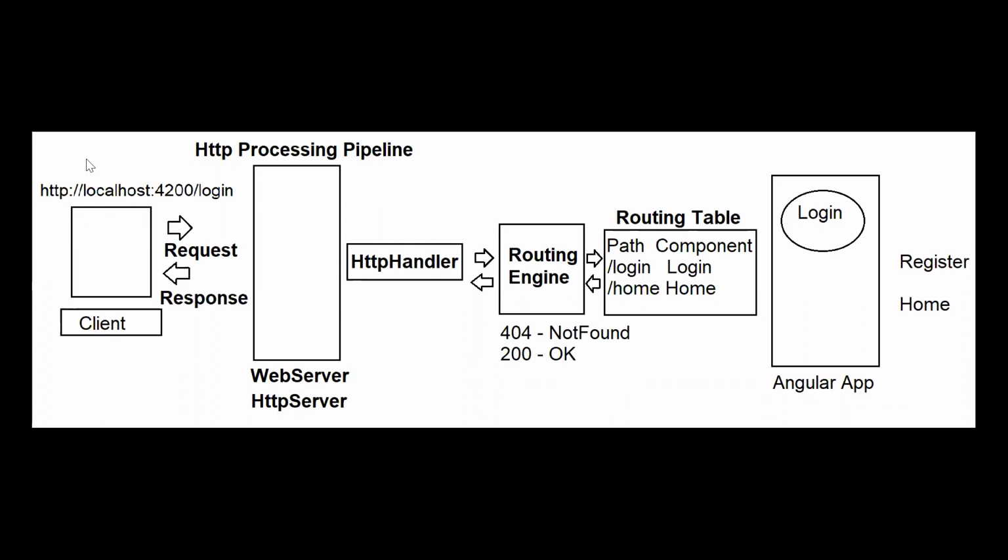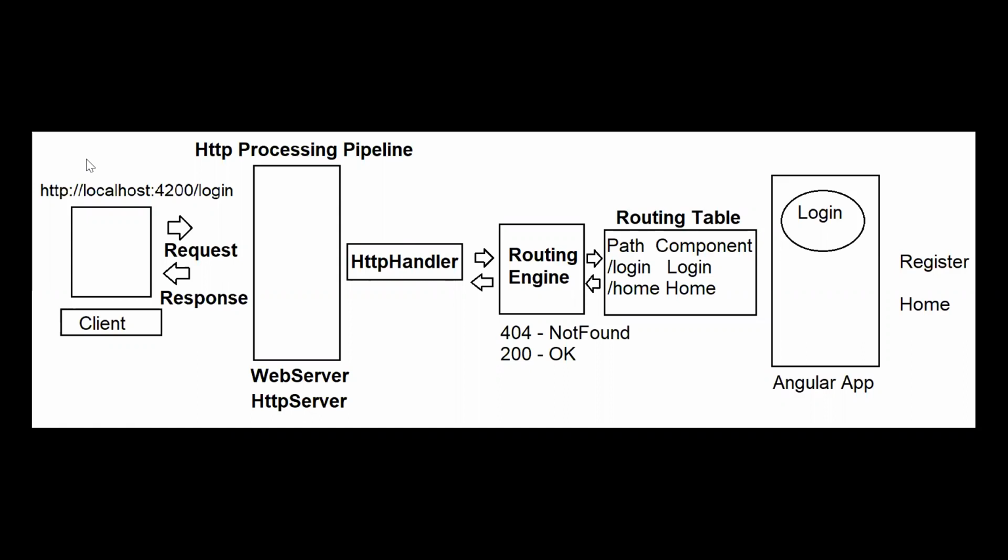In the web server processing pipeline, actually the web server has a lot of things. I am not going in depth about the web server, that you will learn in server side technologies. If you are learning any server side technologies, you will understand what happens inside the web server. Generally, the processing pipeline takes help of a handler and gets the request.